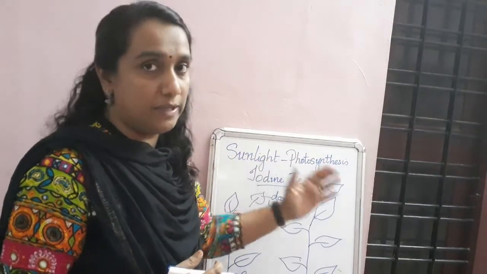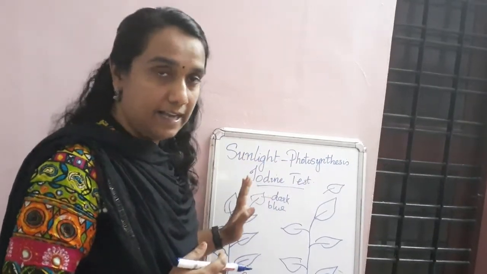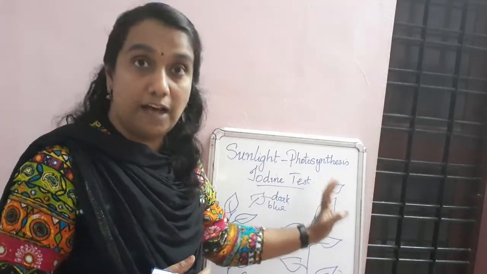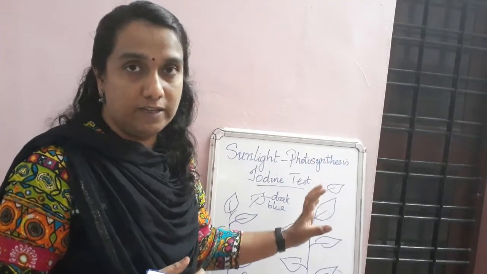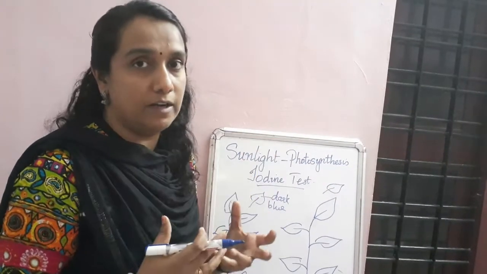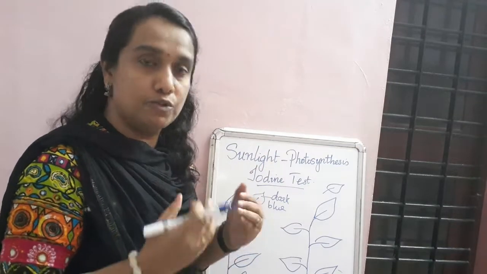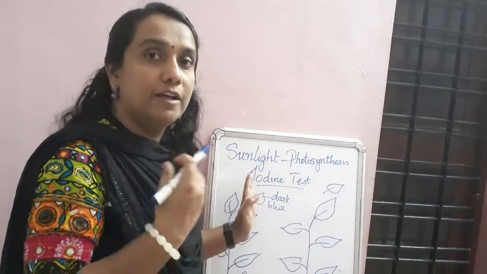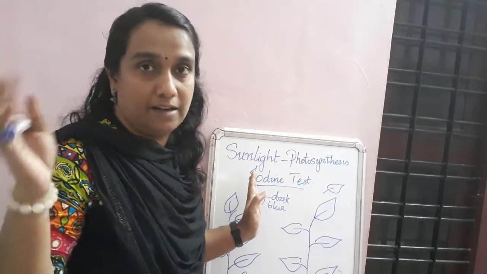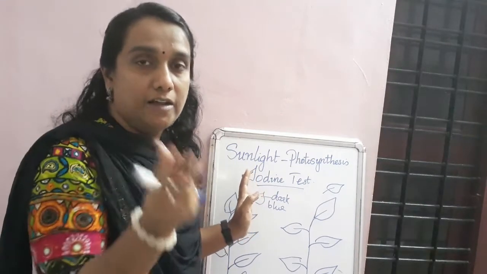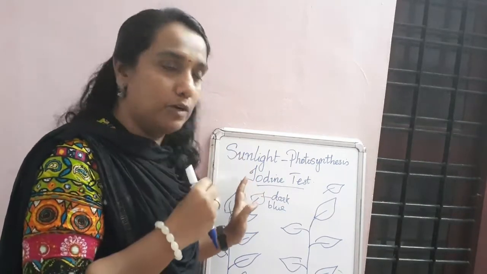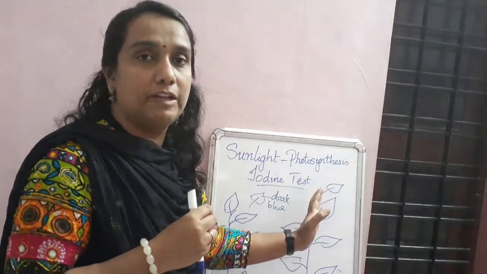We are taking two leaves. One we kept in the sunlight and another one we kept in a dark room. After doing the iodine test, which leaf is blue in color? Usually the leaf which we kept under the sun will be blue in color, and the other one will be brown.